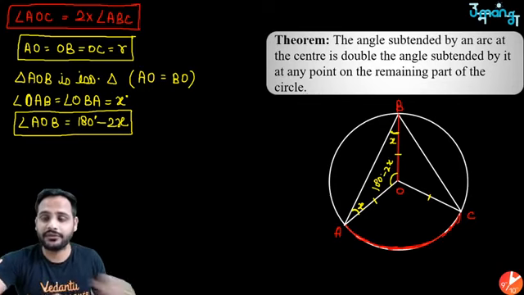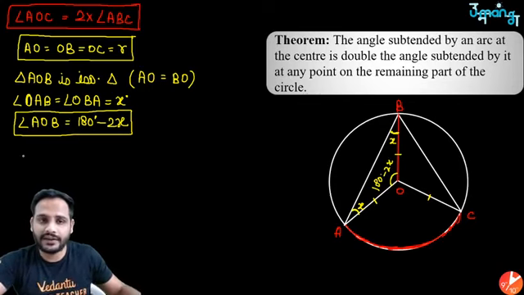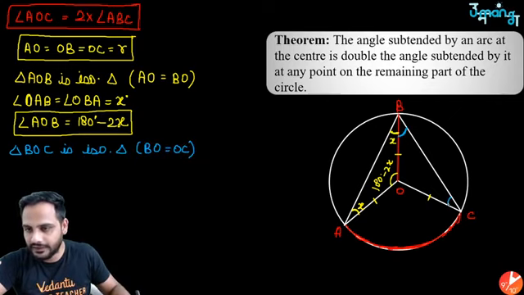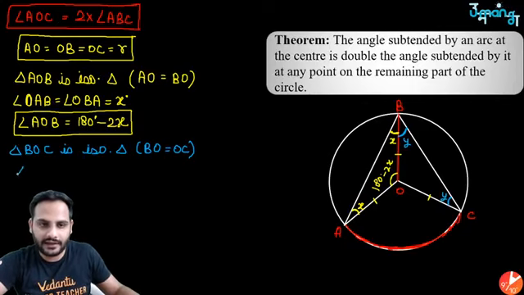Similarly, let's talk about triangle BOC. Triangle BOC is also an isosceles triangle because BO is equal to OC. So I can clearly say this angle will be equal to this angle. Let us say both these angles are equal to Y. So angle OBC is equal to angle OCB, both equal to Y degrees.